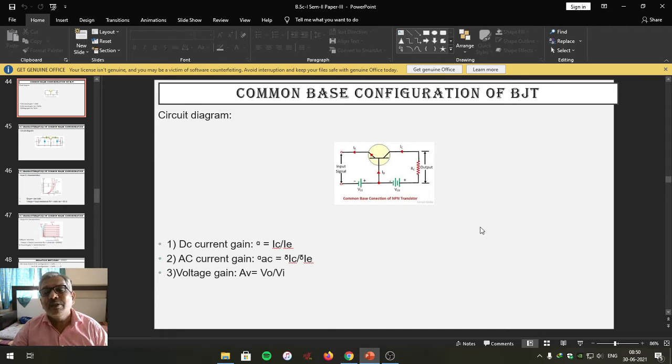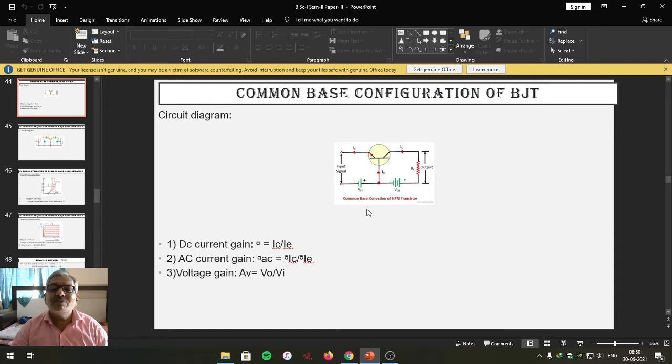Student friends, here also we are going to define some terms which we have already defined for common emitter configuration, in the same way. First term is the DC current gain. As per definition, it is the ratio of output current upon input current.